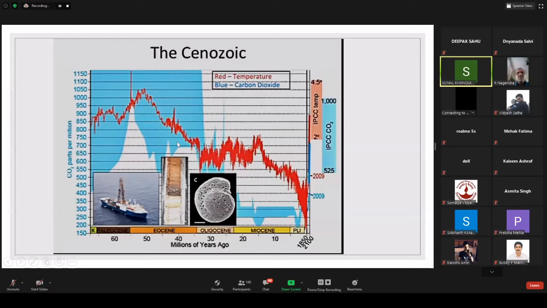So what we do now is look at the sediment cores, which are drilled along the oceans using a drilling ship famously known as the JOIDES Resolution. It operates all around the year, and it has been operating for 40 years.